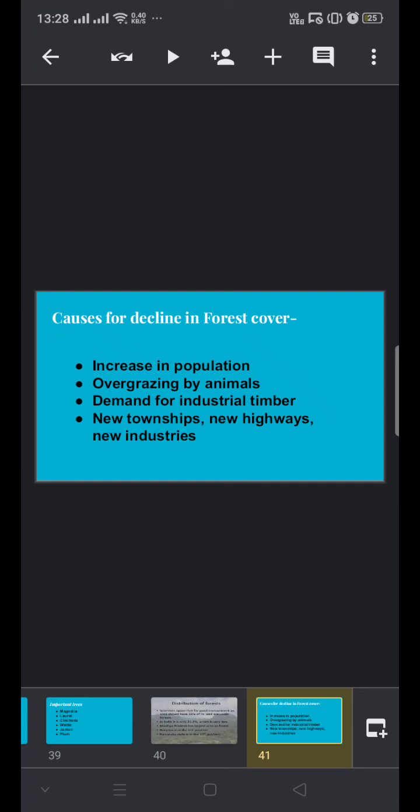Apart from that, overgrazing by animals, demand for industrial timber, so we are recklessly cutting down the trees. Then new townships, new highways, new industries are being made every day. For that, again the forests need to be cleared, and these new townships, highways and industries built. So these are the major causes for the decline of forest cover in India.